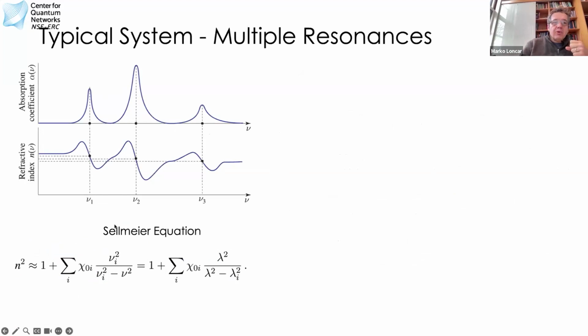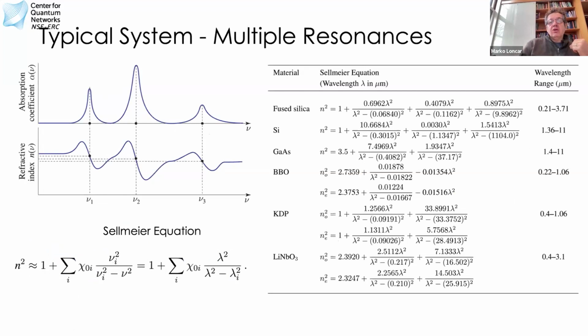More generally speaking, the refractive index squared, or relative epsilon, can be written as a sum of these various Lorentzians that give rise to dispersion and also absorption if you hit these peaks. Here, for example, is the so-called Sellmeier equation, which is a very powerful way to model materials numerically. When we want to see how light of different wavelengths propagates in a medium, we need to understand what the refractive index of these materials is.